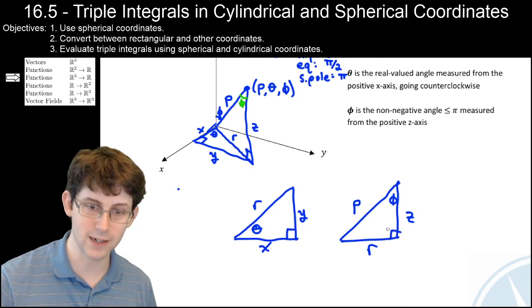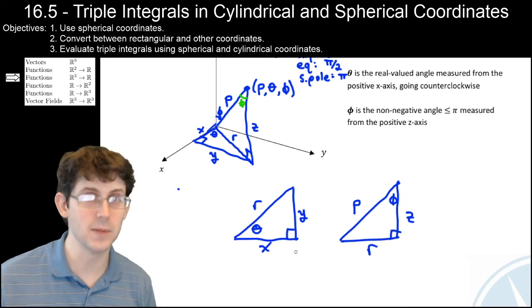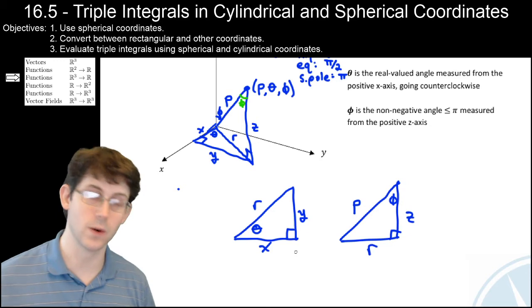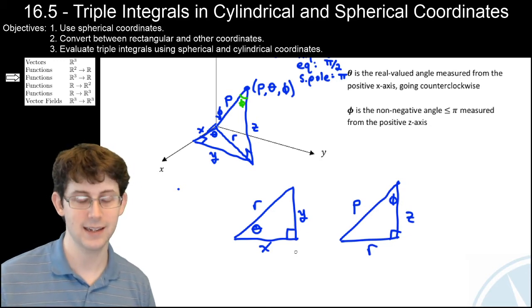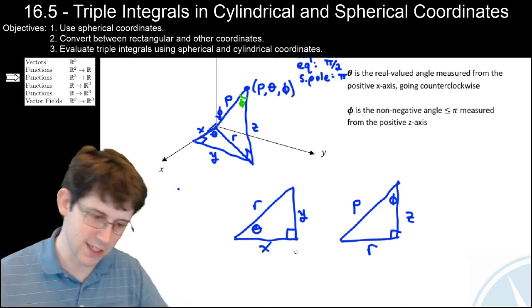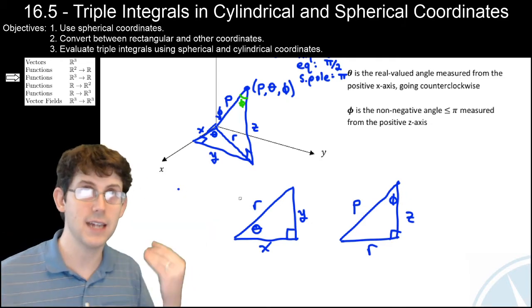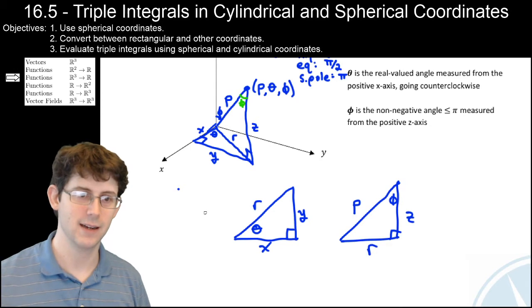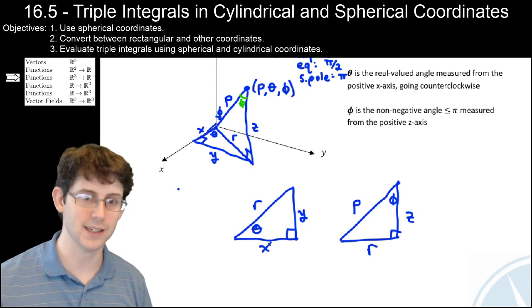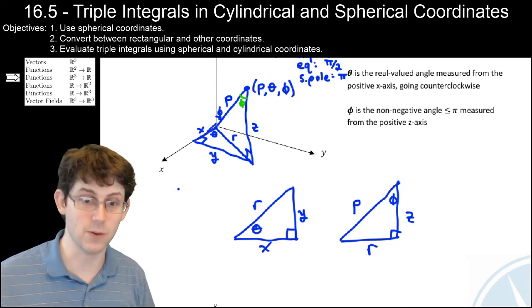But these two right triangles contain all the formulas that have to do with all of the different coordinate systems in the entire class. So many people will have formula sheets or boxes full of formulas that have a million things, and they'll have stuff like tangent theta equals y over x. But that's what this triangle does. Or tangent phi equals r over z.